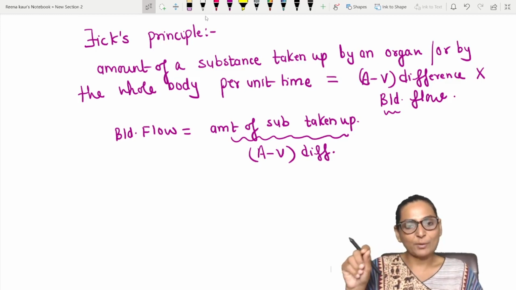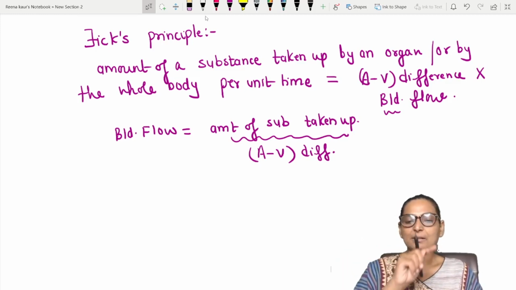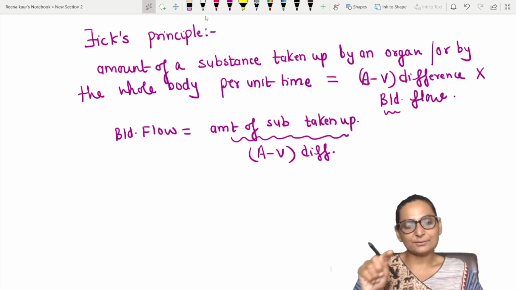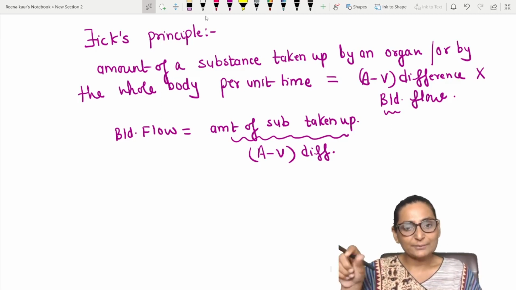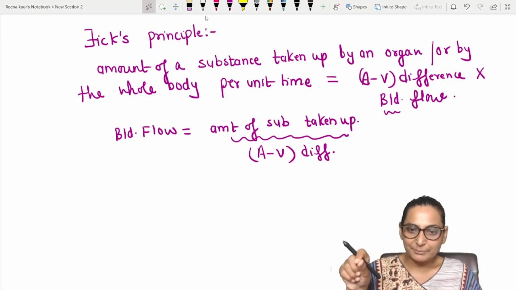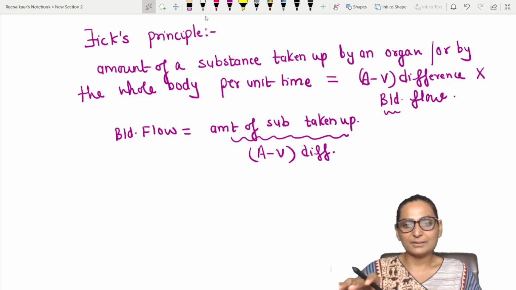Usually the venous sample is taken from the pulmonary artery by placing a catheter through the heart. So you're going to put a catheter through your heart, reach the pulmonary artery to take the venous blood sample, and from any peripheral artery you will take an arterial blood sample.